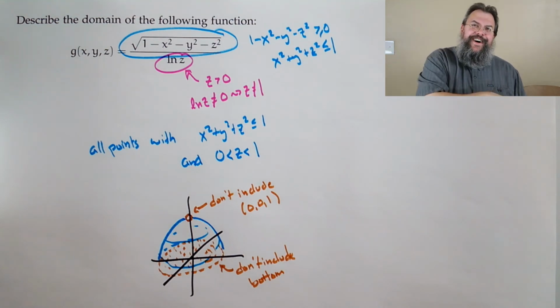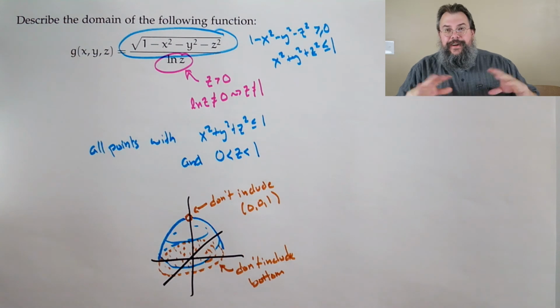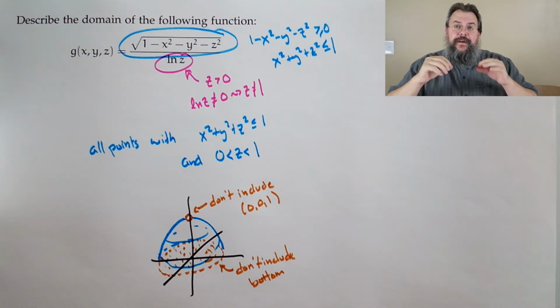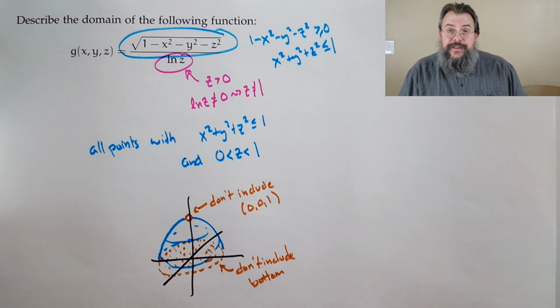No, come on. We would never do that. Once you have divided by 0, forget it. All bets are off. Okay, so it's the top half of a sphere. Just knock off that top point, knock off that bottom surface, and you're good to go. That's our domain.